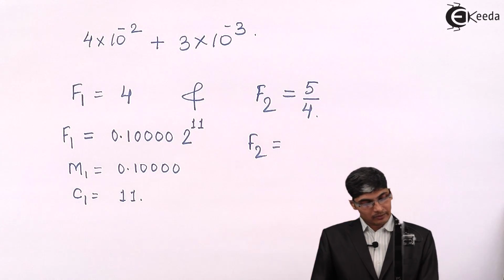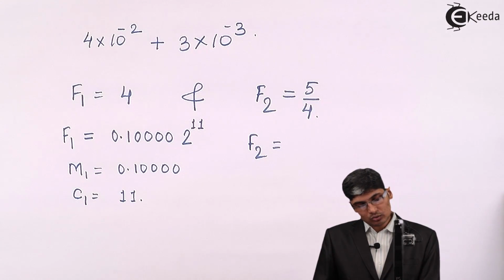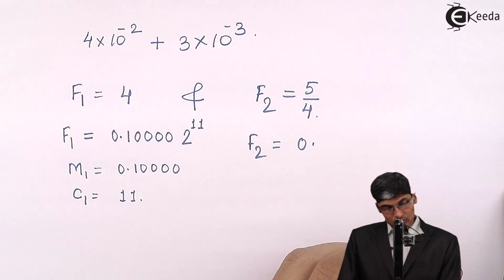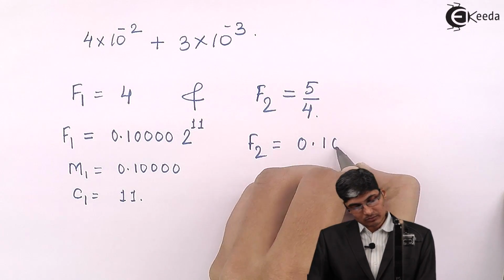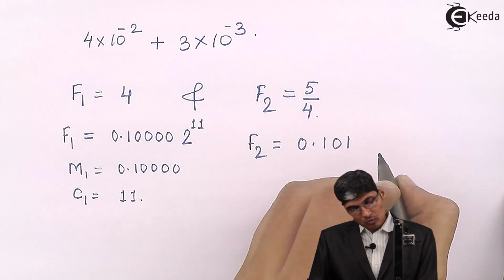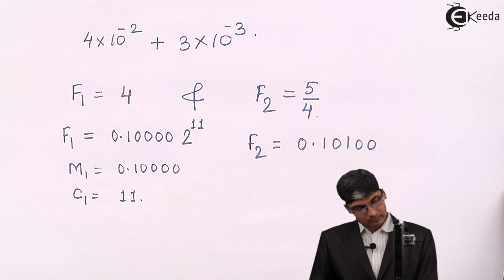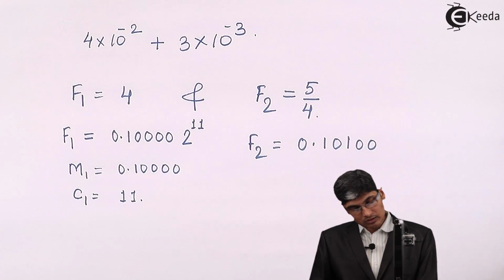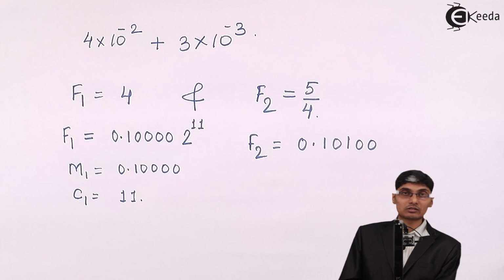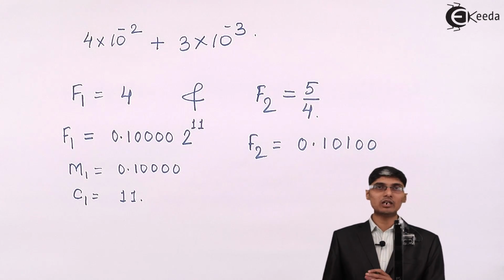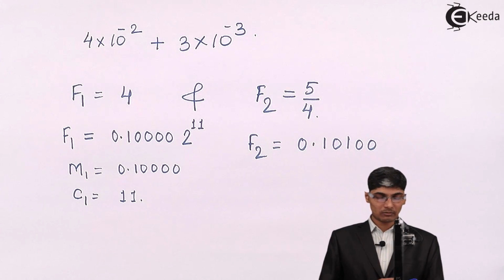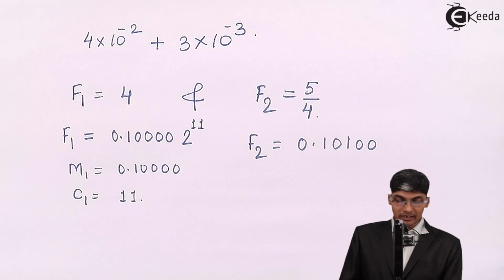Then f2 is 5 by 4, which is a fraction, so it will be 0.101 00, which is in between 1 by 2 and 1, so I don't need to worry about it.